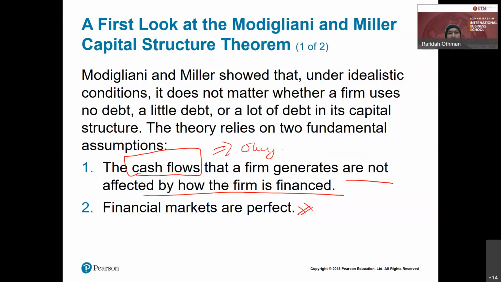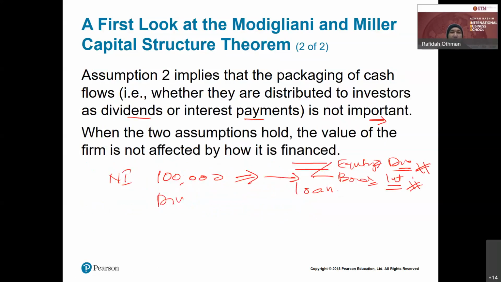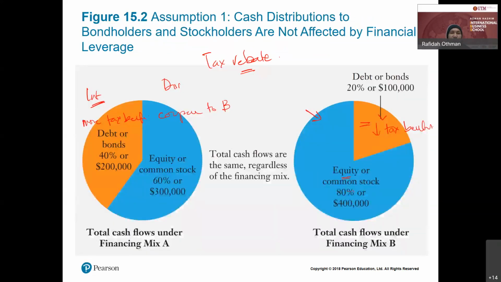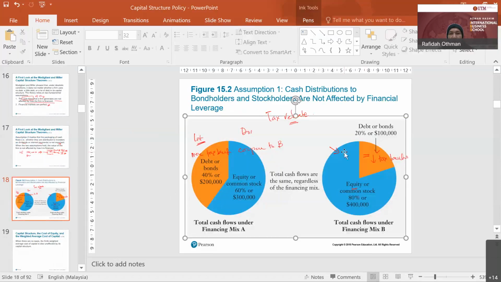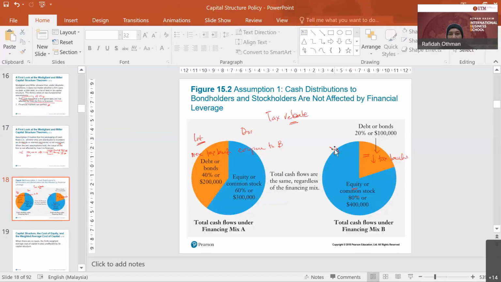The second assumption implies that the packaging of cash flows, whether distributed to investors as dividends or interest, is the same. Why?